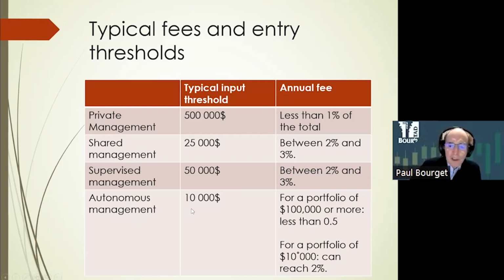For autonomous management, $10,000 is probably enough. If you have a portfolio with more than $100,000, the fees will probably be less than half a percentage point. And if you have a $10,000 portfolio, your fees could be more like 2%.